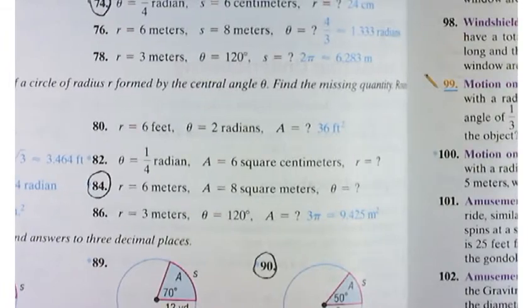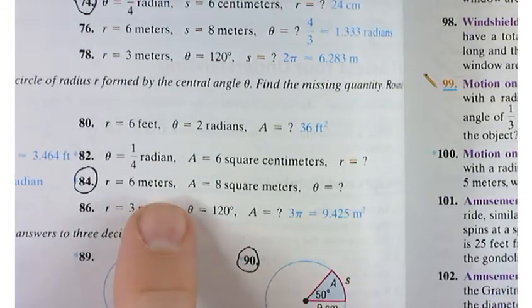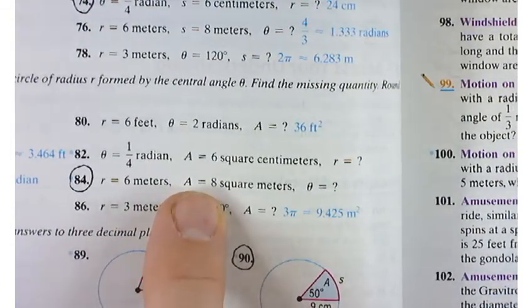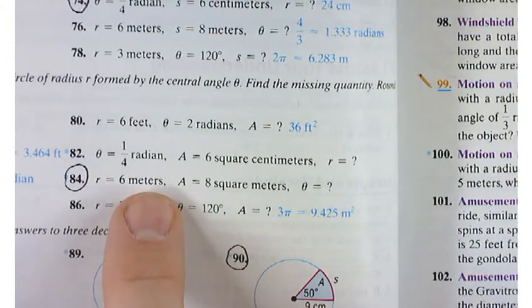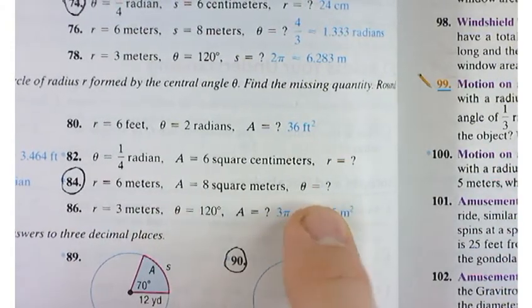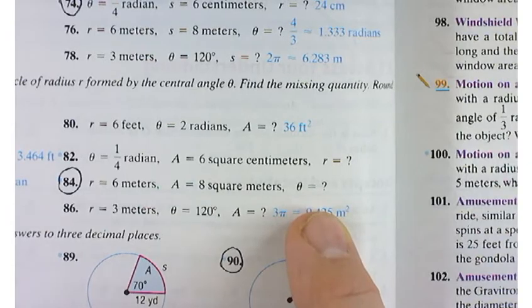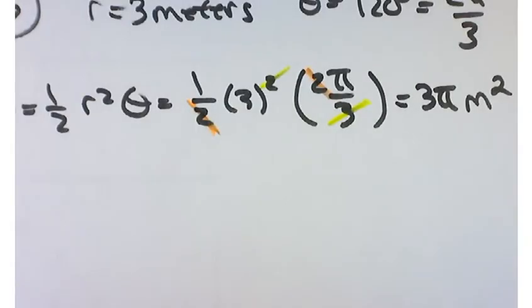Okay, so this one's a little different. They give us the area as 8 square meters, a radius of 6 meters, and they ask us for theta. Okay, well, let's write down what we know and what we don't know and see if we can't figure this out.